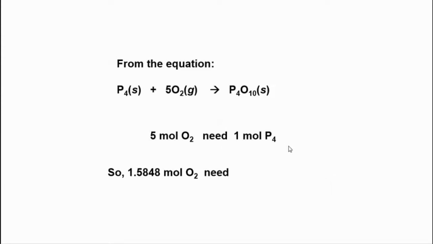But in this reaction at STP, from what we calculated just now, we only have 1.5848 moles of oxygen. So 1.5848 moles of oxygen need how many moles of phosphorus? We get 0.317 mole of phosphorus. So this is the mole of phosphorus reacted with oxygen gas in this reaction at STP.